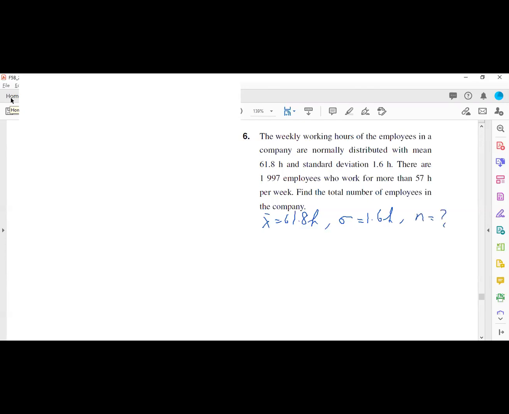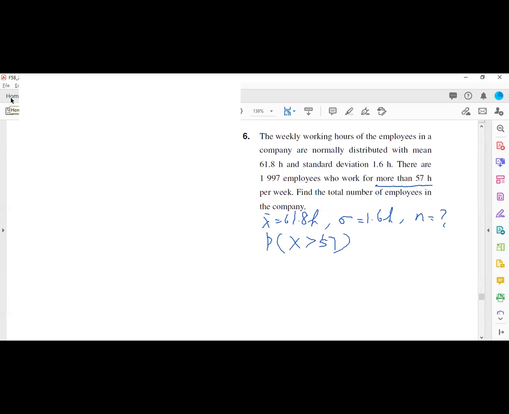Okay, so again, we're going to find the percentage first. This is more than 57, which means that X is larger than 57. So there is just a lower limit.